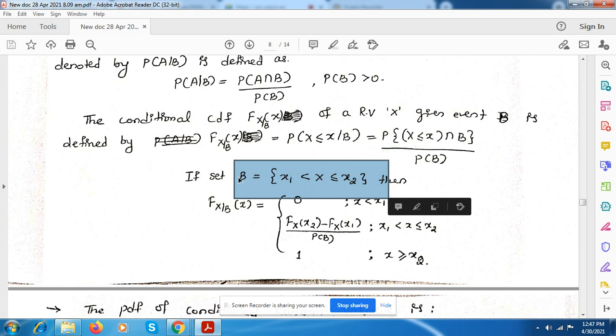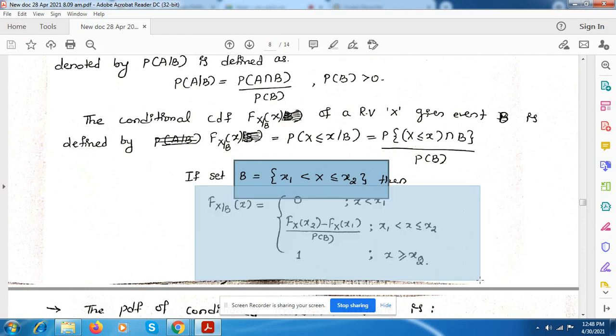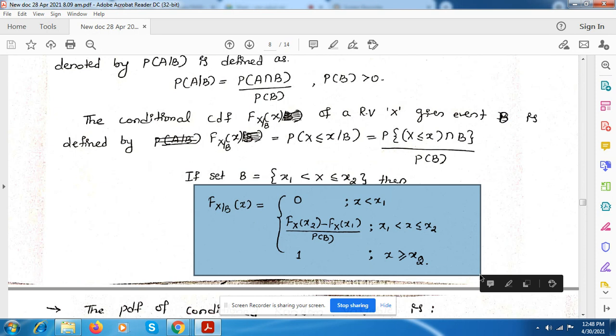This is the set of values for B. So using this, we can define the conditioned CDF using these three conditions.